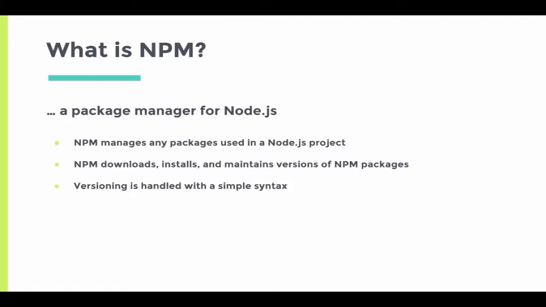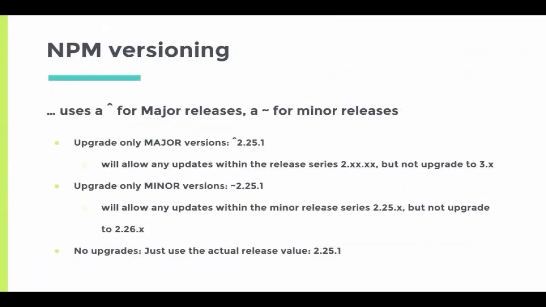One other interesting thing about NPM is that it has its own versioning syntax, and we can take a look at that now. We can tell NPM what version of a package to install and what to update or not to update. The most common options for version control in NPM are the following. Only major versions: the caret in front of a package version number in our package.json configuration file indicates NPM can update the package within the same major version.